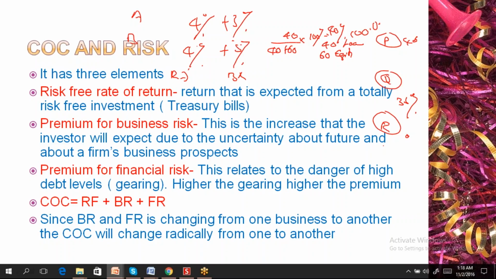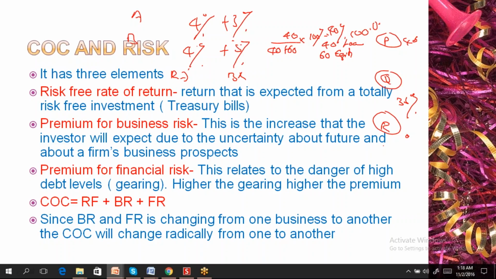You can enjoy your profit straight away. In Q company, you have to wait till 35% of the outsiders are paid for you to enjoy eating. In company P, you have to wait till 40% of the people are paid for you to enjoy your eating. So you can see, higher the gearing, higher the risk.